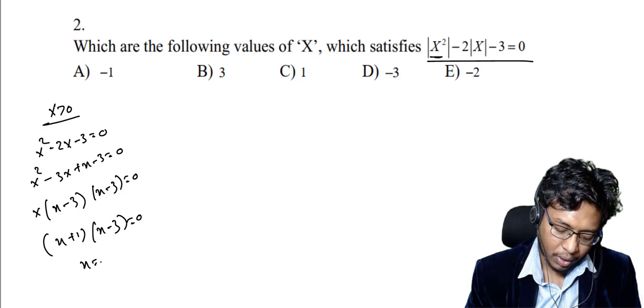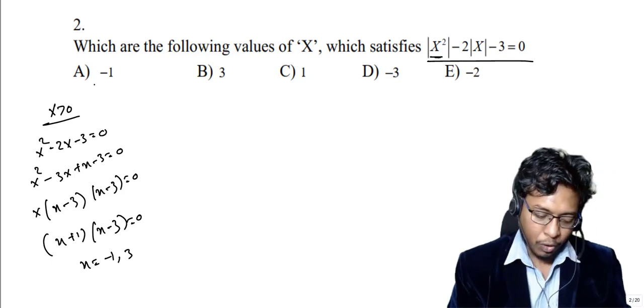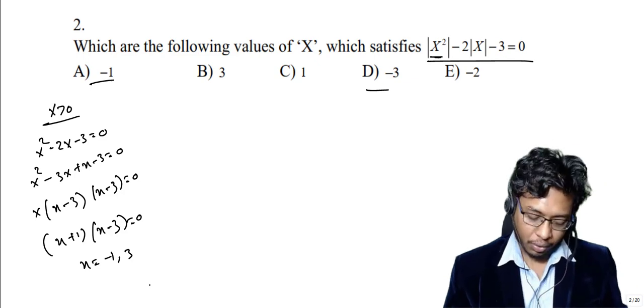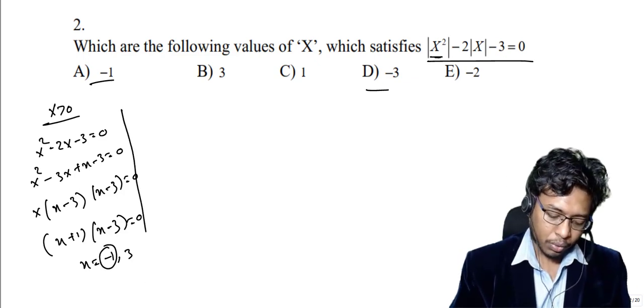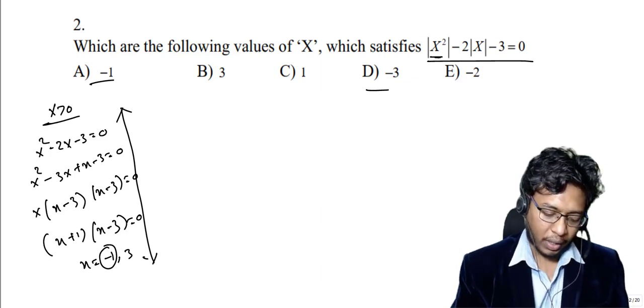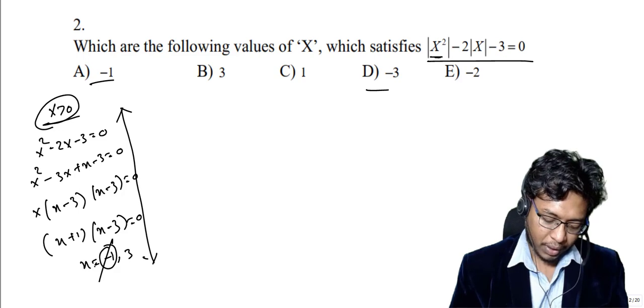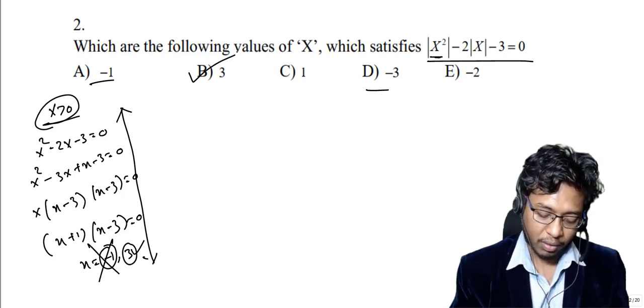So your x values will be -1 and 3, right? Now here you should not take -1. Why? Because you solved this equation depending on the condition that x is greater than 0. That means -1 is wrong, so you should have only 3. So your answer will be 3.